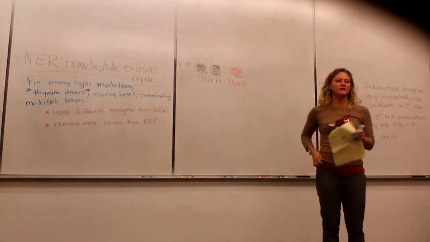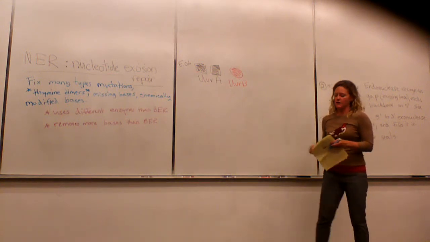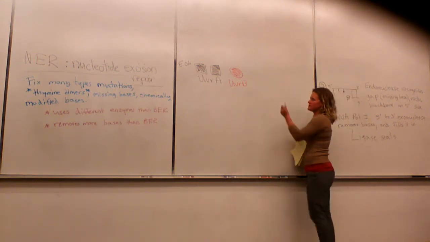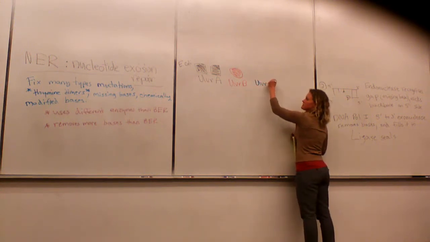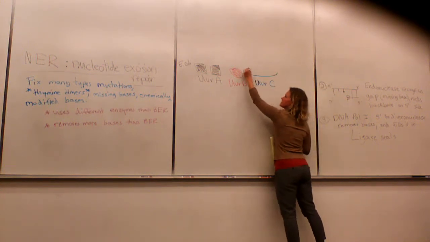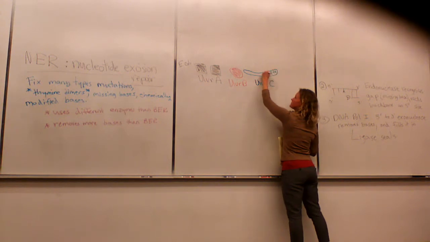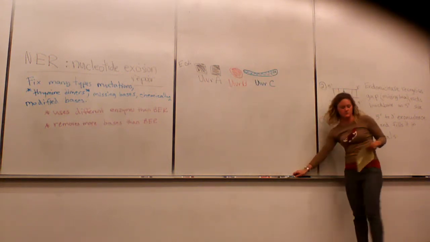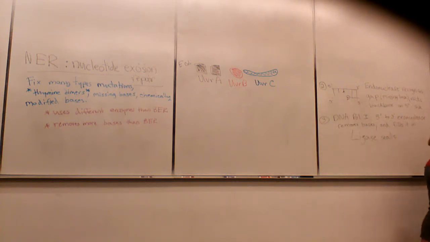Okay. So they named the proteins after ultraviolet repair, so UVRA, UVRB, there's a UVRC. And the last one that you guys have to know here is UVRD.